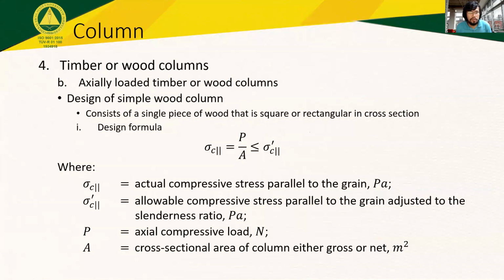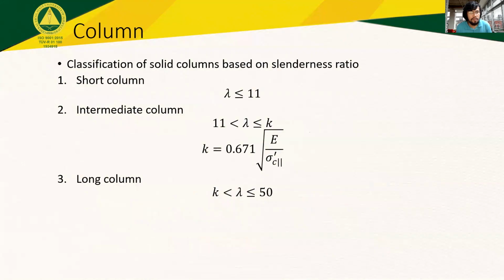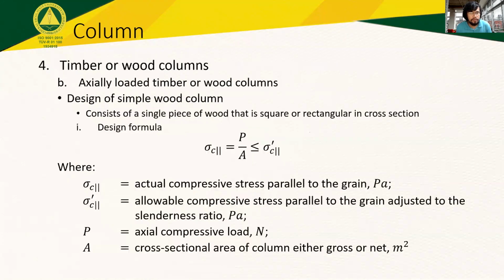Again, the computation will proceed as follows. You just have this as the design criteria, if it's short, intermediate, or long, and then proceed with the same computations to determine again the axial compressive load allowable.